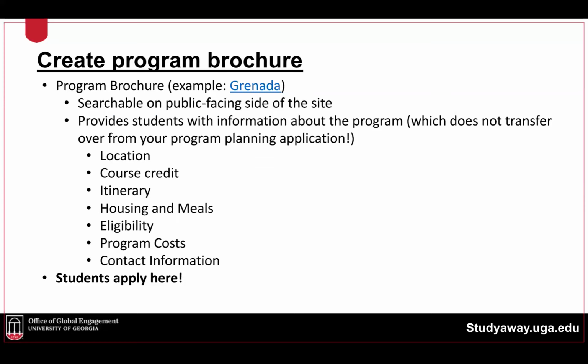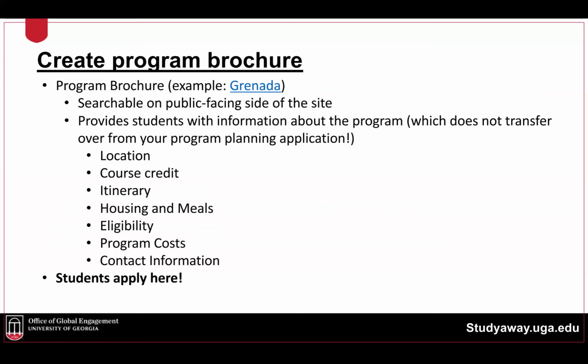And then I also do want to emphasize that not only is this a place for official information about your program, but it is also the place where students will apply. So if applications are open, students will click on the Apply Now button and it will generate an application for them. One other thing I do want to note is that a lot of programs will also have maybe a website on a departmental page, or an external website, or social media platform like Instagram or Facebook.